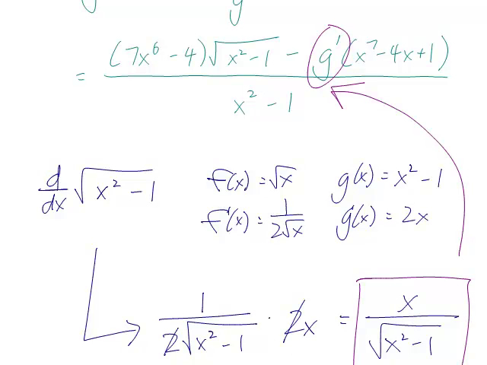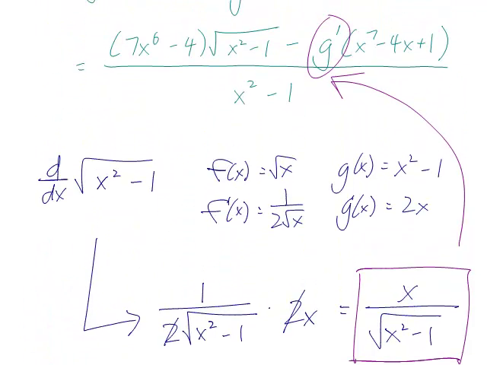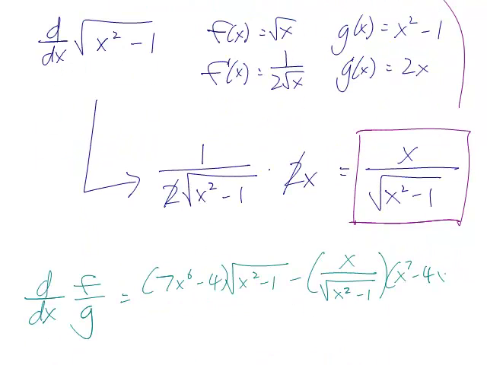So let's do that. Let me rewrite the derivative of f over g, and that would be, let's see what I had before, (7x^6 minus 4) times the square root of x^2 minus 1, minus, now we put in g prime, x over the square root of x^2 minus 1, times f, and what was that? x^7 minus 4x plus 1.